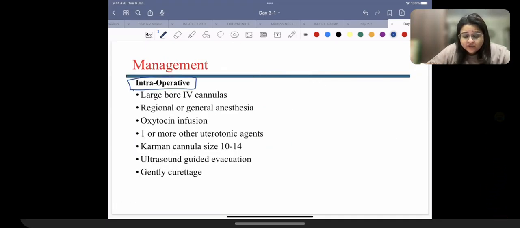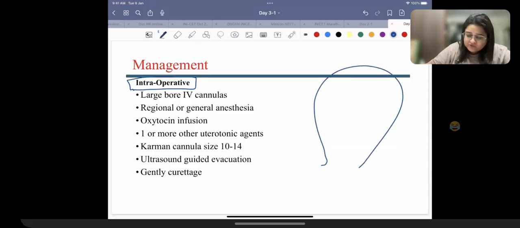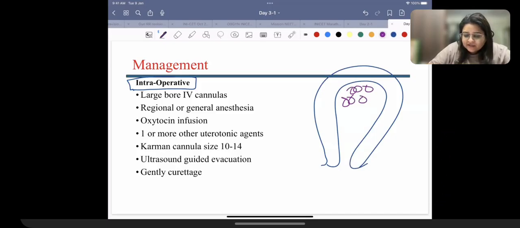Intraoperative, what will you do? What are you worried about? You have a huge uterus, very big in size, where all you have inside are grape-like vesicles, okay? And you have to evacuate this. Now, when you're evacuating a molar pregnancy, you are worried about a few things.